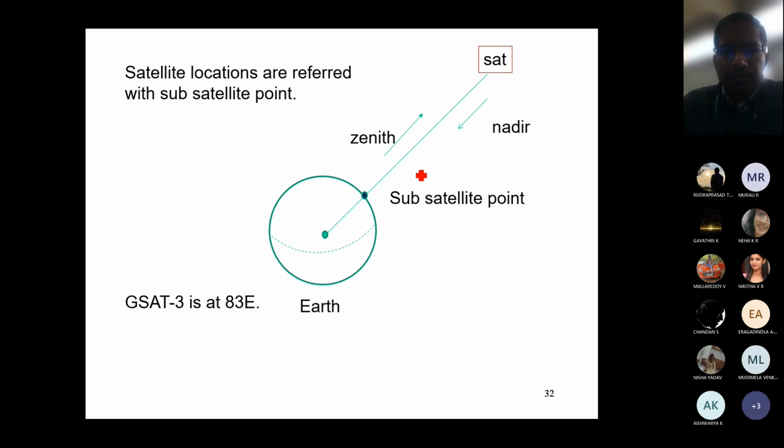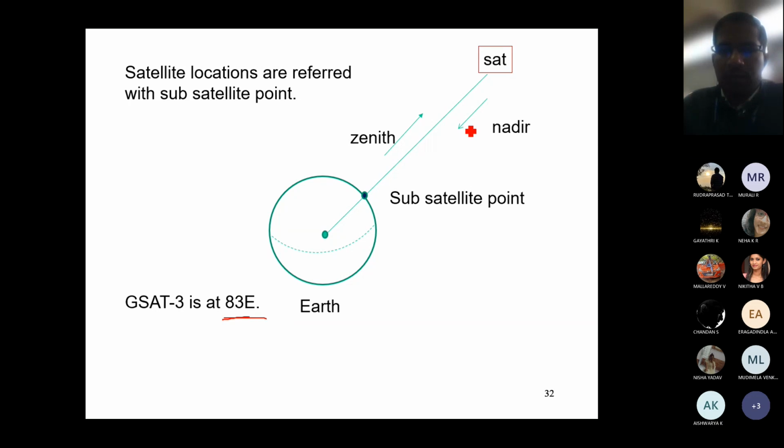And a satellite position can always be represented by the coordinates, that is, by latitude and longitude. When it is represented by latitude and longitude, this is the latitude and longitude of the subsatellite point.